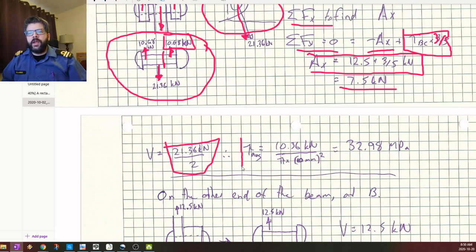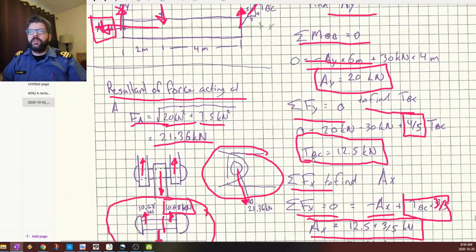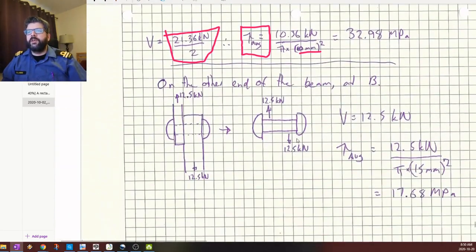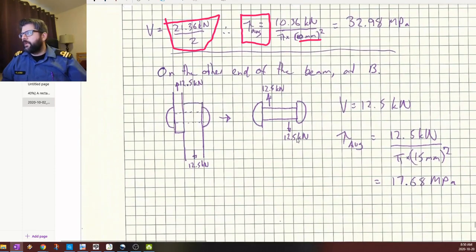So our average shear, when taken across one of those sections, is just going to be the 10.68 kilonewtons divided by pi times 10 millimeters squared. Again, 10 millimeters squared because the pins had a diameter of 20 millimeters. So work it off the radius formula there, not the diameter formula.